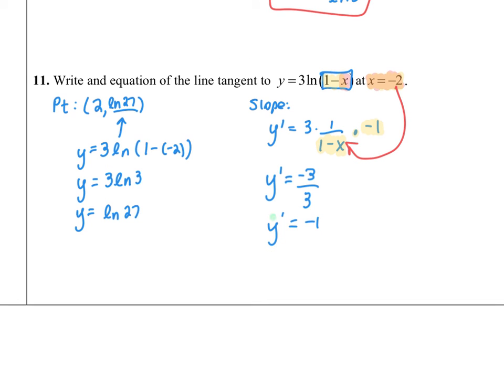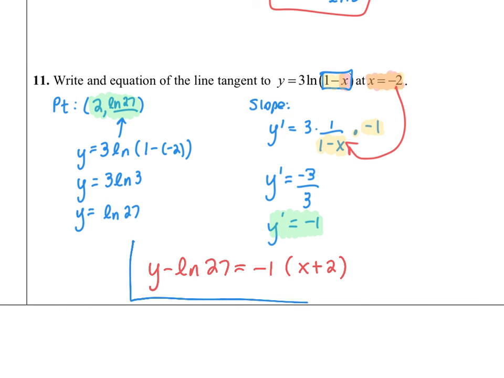And when I do that and simplify, I get that my slope is -1. So my point is 2, natural log of 27. My slope is -1, and from that I write my tangent line equation. And that gives me y minus natural log of 27 equals -1 times the quantity x plus 2. And as far as that natural log of 27 goes, nobody knows what that value is, so you leave it as is.